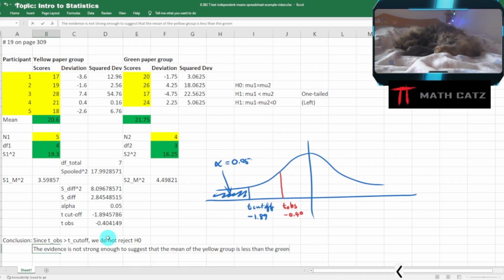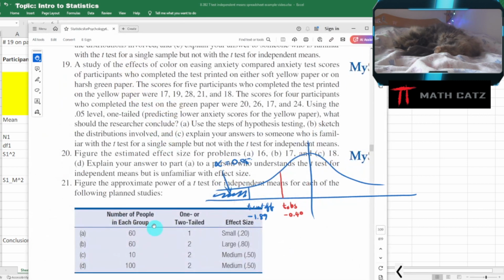Now you can phrase it again, referring to the, what was it, anxiety? I don't remember. What was the question? Anxiety scores. You can phrase it again with even more reference to the question. The evidence is not strong enough to suggest that using yellow paper decreases anxiety.